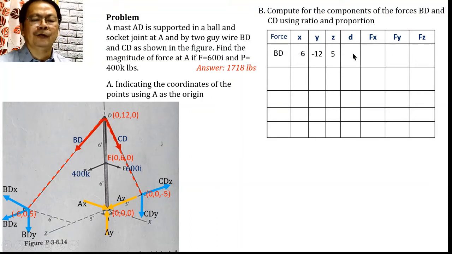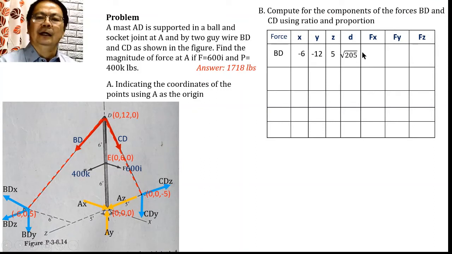And to solve for the distance between B and D, we take the distance formula, that is the square root of x squared plus y squared plus z squared, which gives us the distance D. When we simplify that, it comes out to the square root of 205.